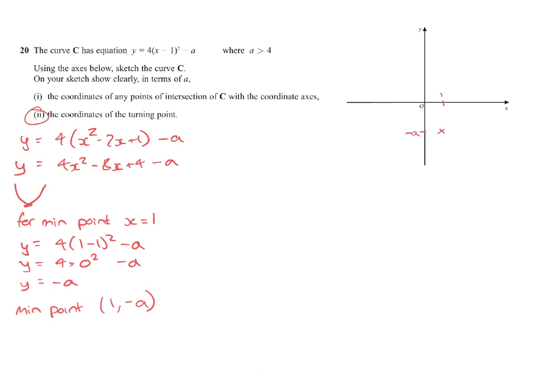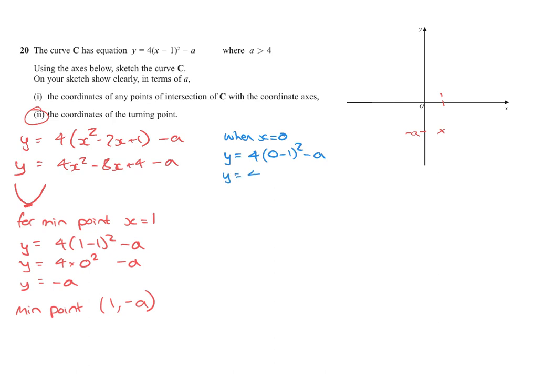Now we want the points of intersection. That is simply where it cuts the x-axis and the y-axis. So we want to find out what the values are when x equals 0 and y equals 0. Let's do this in blue. So what happens when x equals 0? What is y equal to? Well, y will be equal to 4 multiplied by (0 minus 1) squared minus a.